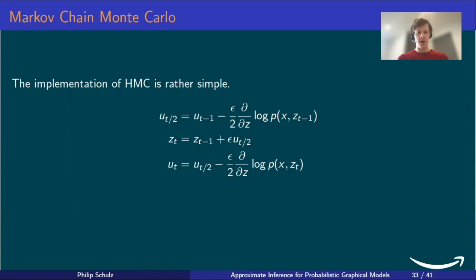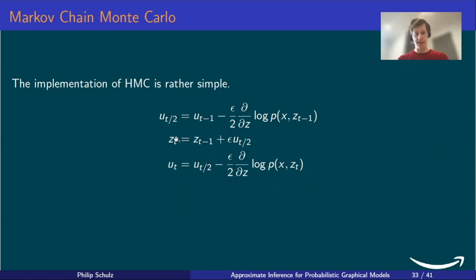Now let us look at how Hamiltonian Monte Carlo can be implemented. Just as with variational inference, although there's quite some heavy mathematics involved, the implementation is actually rather simple. So at each point that we are advancing in UZ space, we're going to advance as follows. We're going to first update U by half a step.